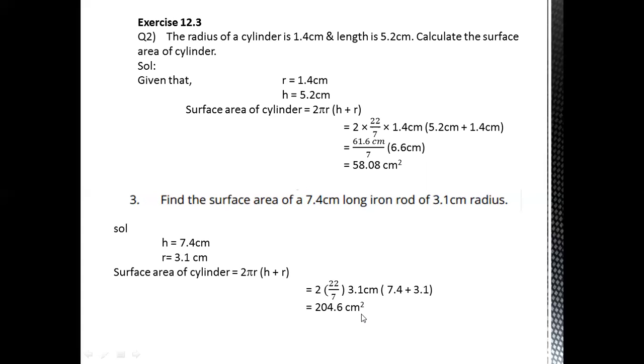Remember before solving, the length is given in meter, and radius is given in centimeter. So the meter you convert in centimeter. 5 multiply with 100, so 500 centimeter is the value of h. 5.3 is the value of r, and you are going to calculate the surface area of the curved surface the same way. Clear?